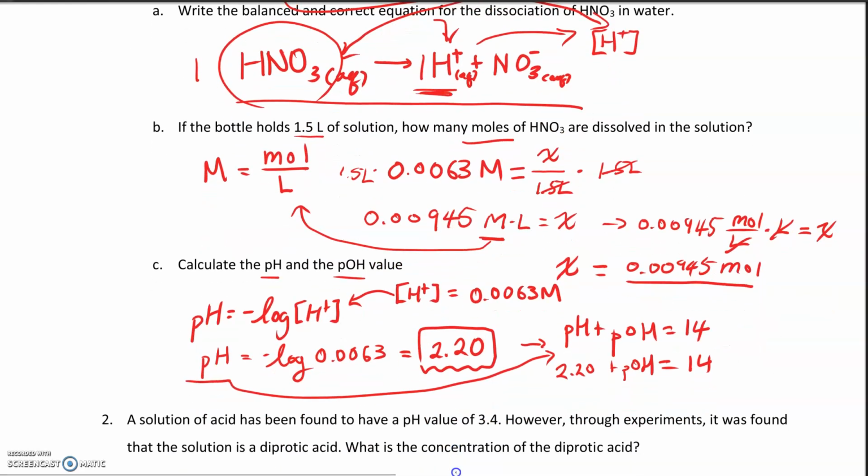All right, now all we need to do is subtract 2.20 on each side, and our pOH value comes down to 11.80. And that is our pOH value.